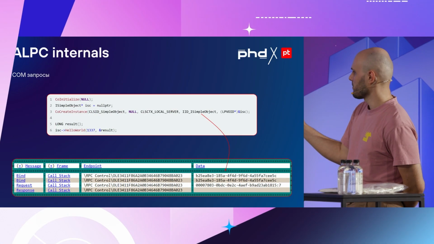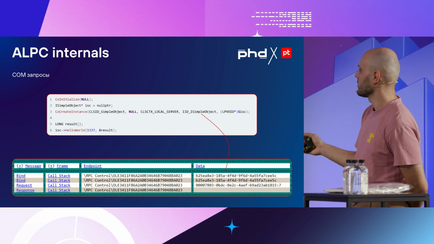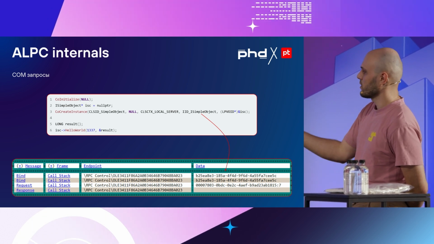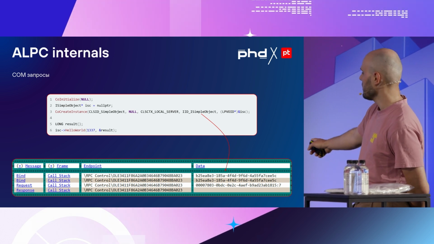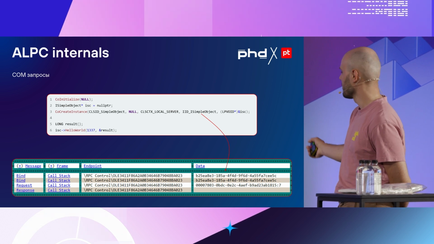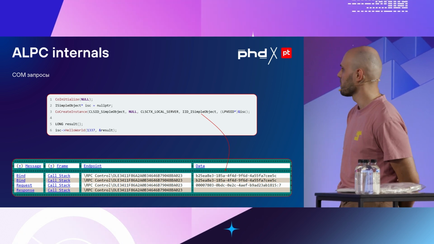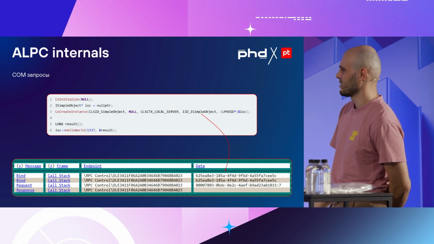In the traffic, we can see two requests. The first request is a bind request with the COM object interface, and the second request is a request with the procedure number and with some ID that we're going to talk about a little bit later.